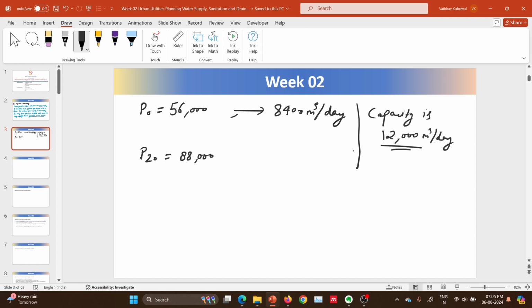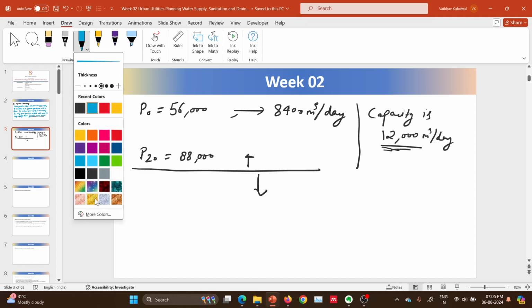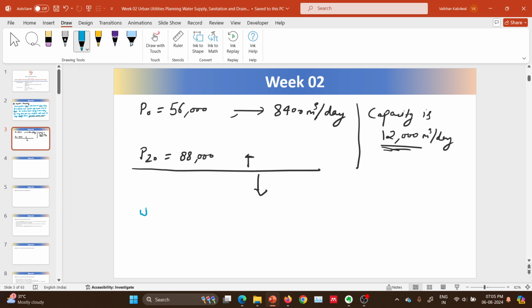So first we will find out whether that 12,000 meter cube will be reached within 20 years or after 20 years. Let's calculate that first. For this population, 8400 meter cube per day of water is required. So we will calculate how much is the requirement per person.